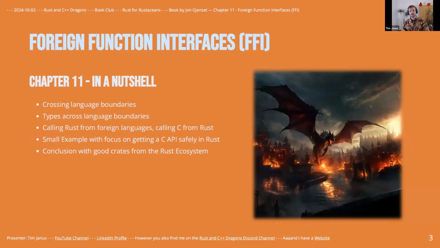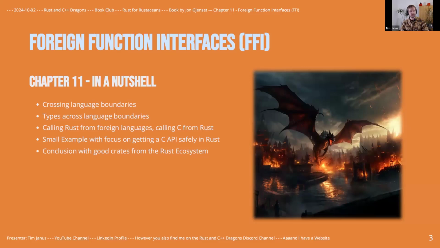And in this talk, I will give a small example to show some of the safety subchapters where we manually integrate a C API in Rust. So you wouldn't really do it, but we are here to learn, so we do it.